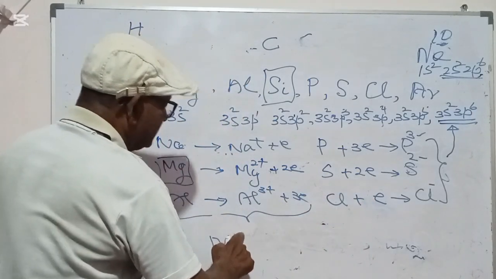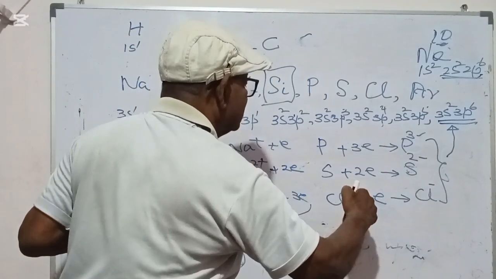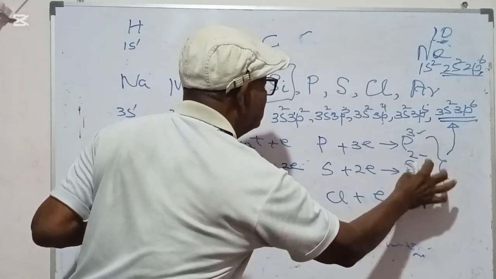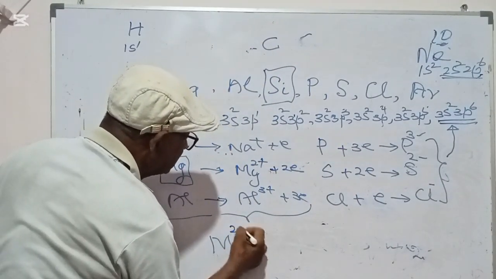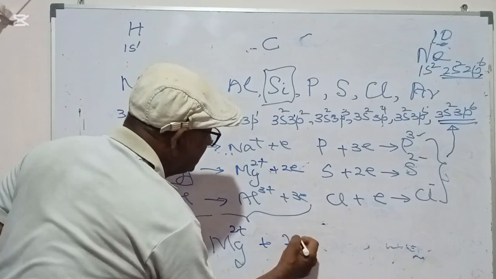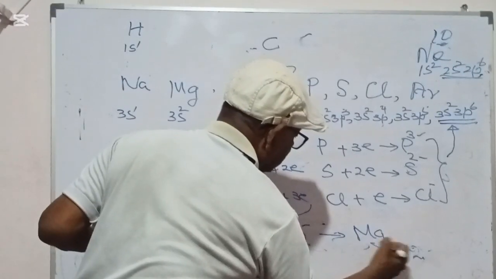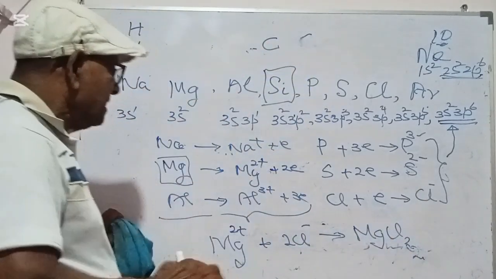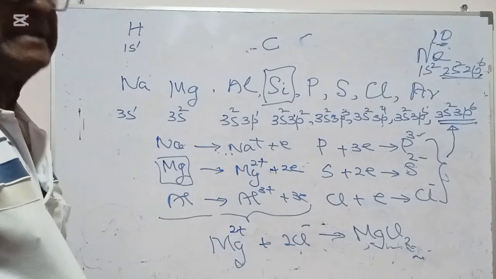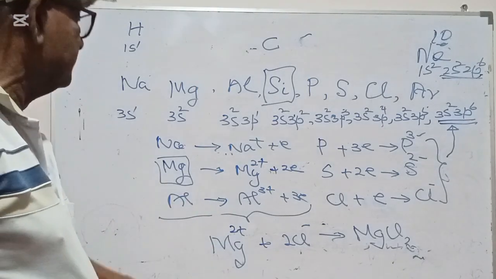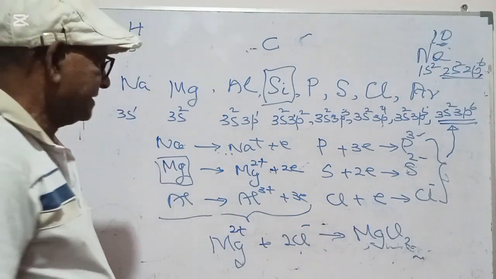The 2 Cl atoms become 2 Cl- ions, and Mg2+ with 2 Cl- becomes MgCl2. Similarly, positive ions can be formed here also, and positive ions combine with negative ions to form ionic compounds.